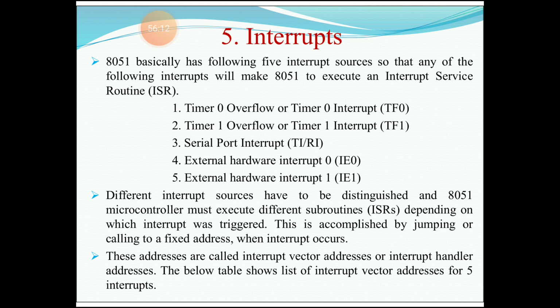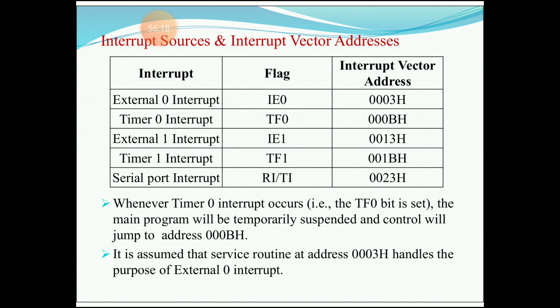The below table shows the list of interrupt vector addresses for the total 5 interrupts. Each interrupt is represented by a flag in a register. If any interrupt occurs, then the controller goes to the specified address called the interrupt vector address.